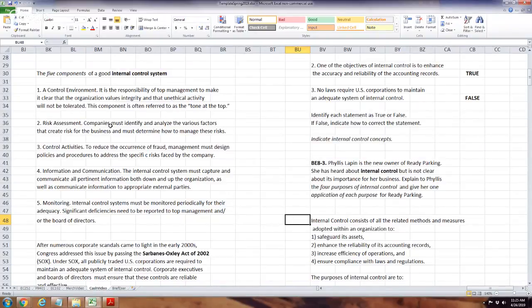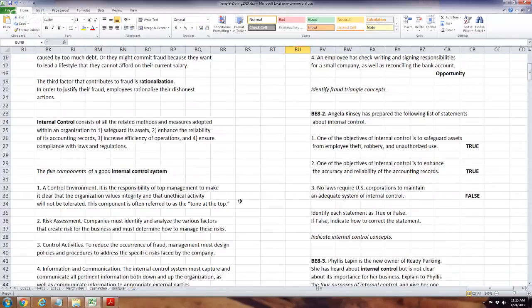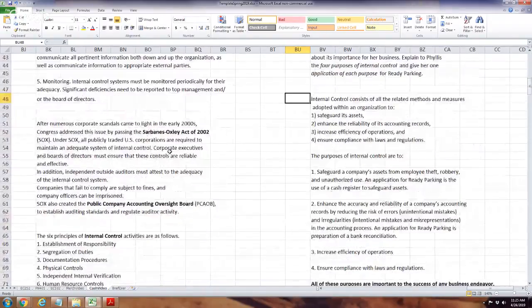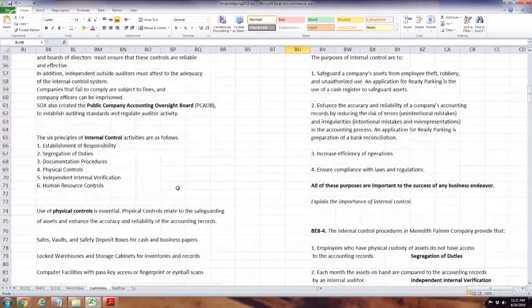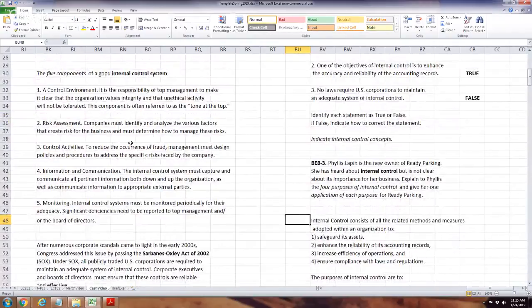Yeah, and actually, these are components of good internal control systems. And these are methods and measures. So those are the shades of words. So this was the four-triangle up there, and there are the principles over there. Safeguard the assets, segregation. Actually, no, safeguard is up here. Control activities are here.